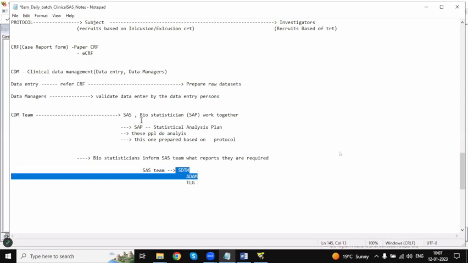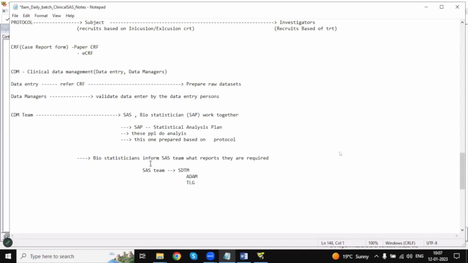These biostatisticians will give the mock sheets, what tables, what listings. Anyway, we'll discuss TLF in a separate chapter at last. So biostatisticians will tell, these tables were required, these listings were required. Now those tables and listings will be prepared by our SAS team along with SDTM and ADaM.